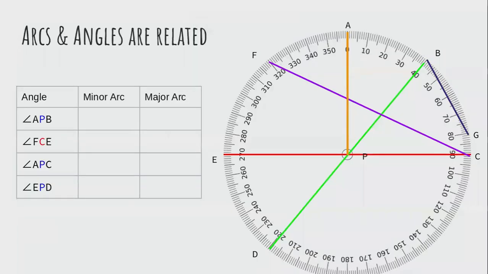So here, and again, since I missed you all, these are the 4 angles that you all talked about as a class. So if the angle is APB, oh, we just did that one. So what is the name of the minor arc and the name of the major arc? Because we just did it on the other page, I'm not even going to make you do it again.